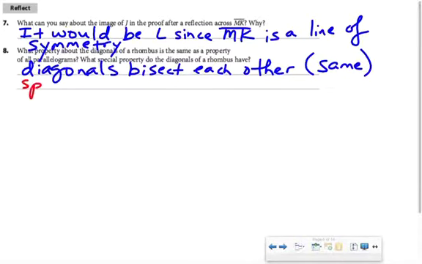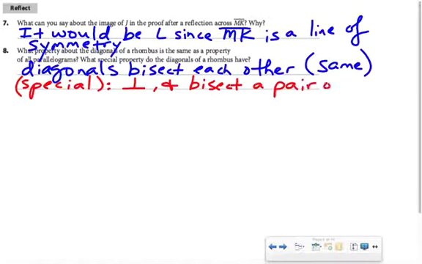What's special about the diagonals of a rhombus is that they're perpendicular and bisect a pair of opposite angles. Actually, they bisect both pairs of opposite angles.